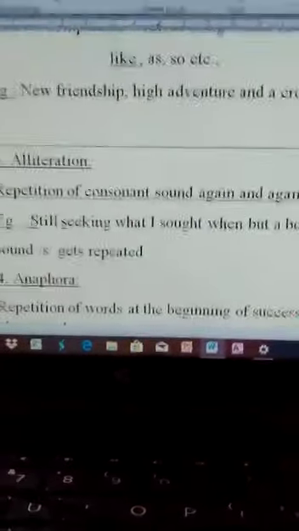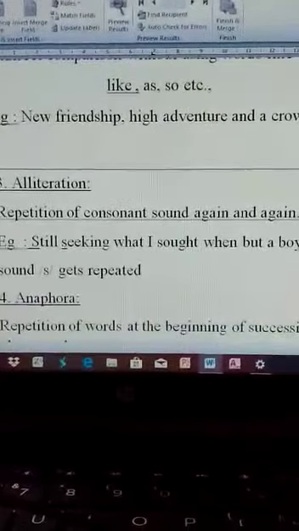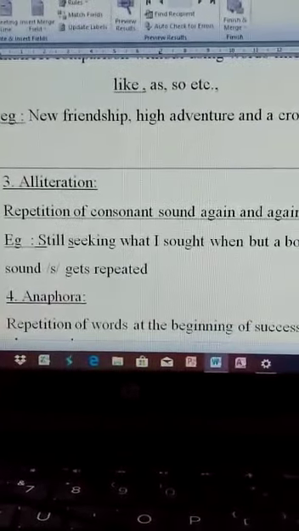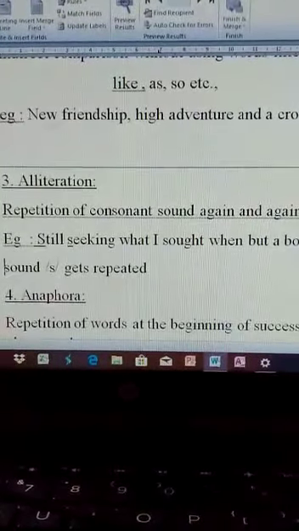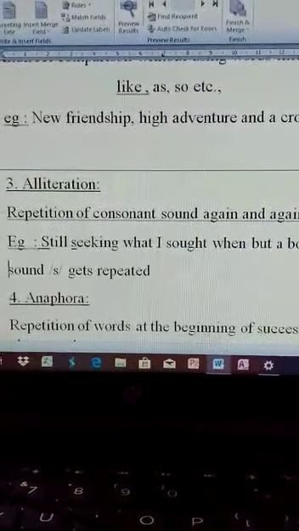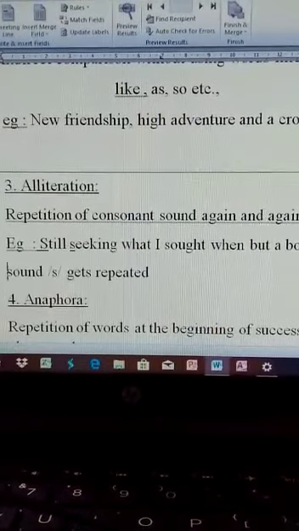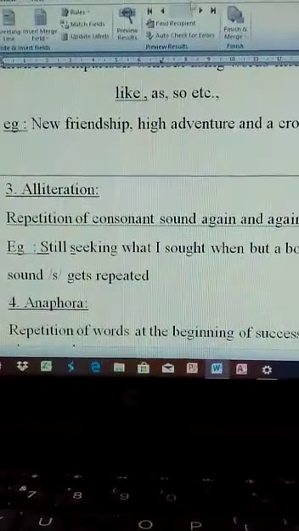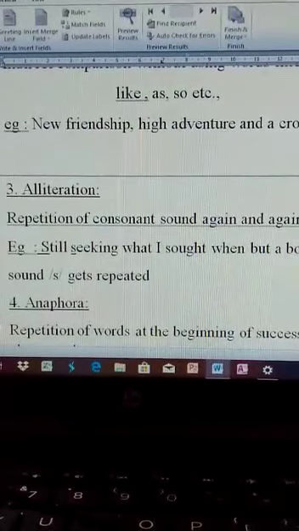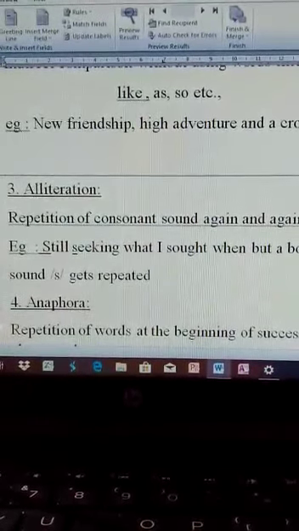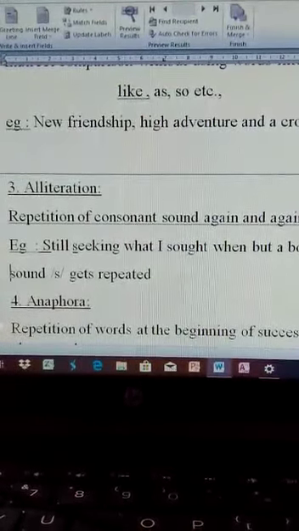In this line, the sound "s" gets repeated again and again, in "still seeking" and "sought". So alliteration is also employed in this line.